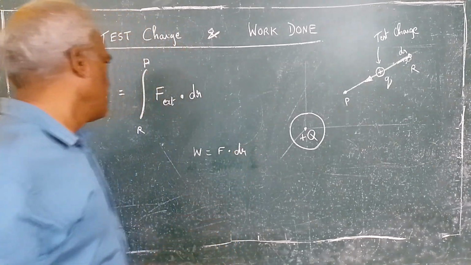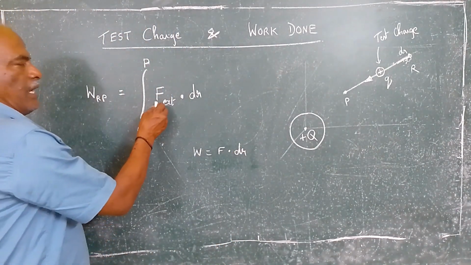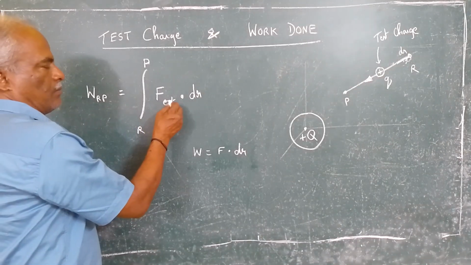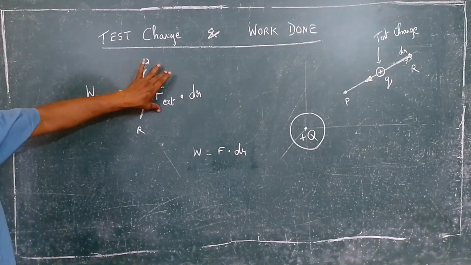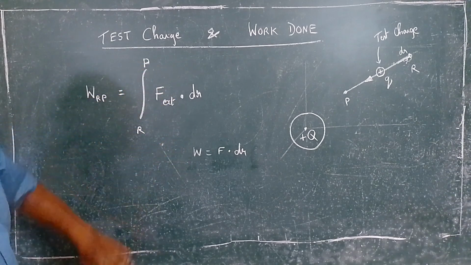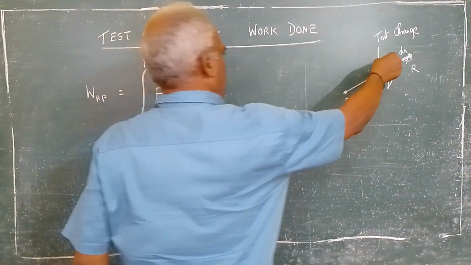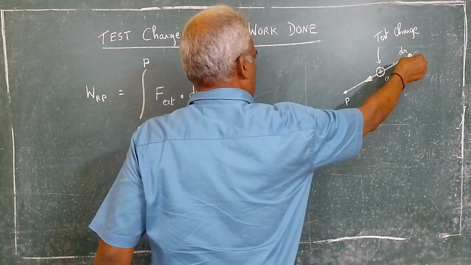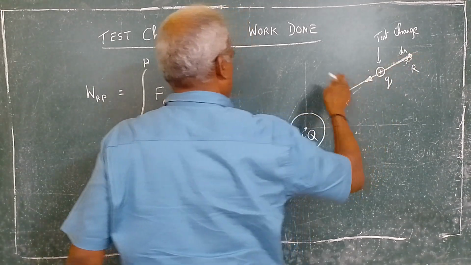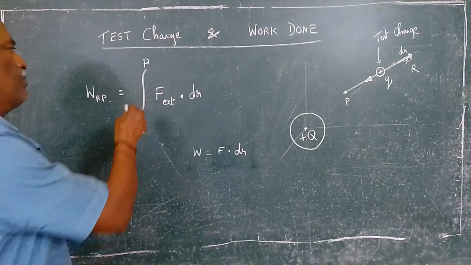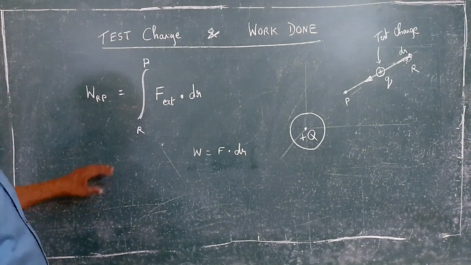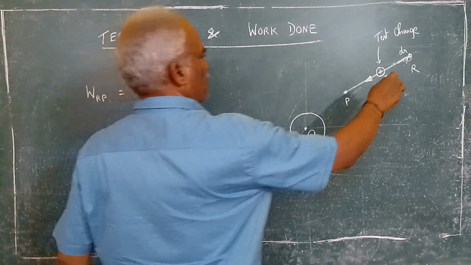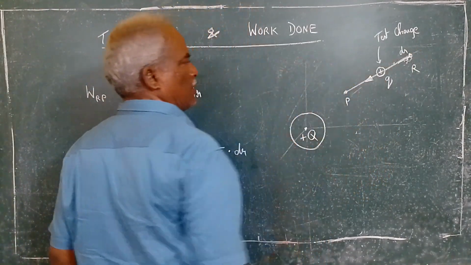That's why I have written external force dot product with dr, which will give you the work done. Now I want it for the entire stretch of this line from R to P, so you have to integrate from R to P, and you will get the work done from R to P.